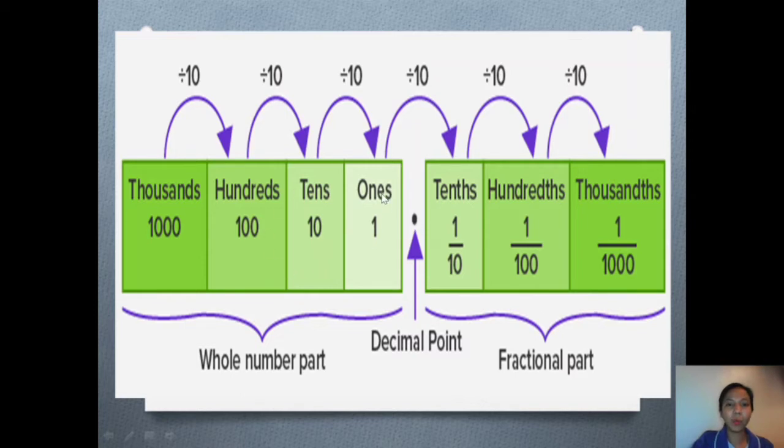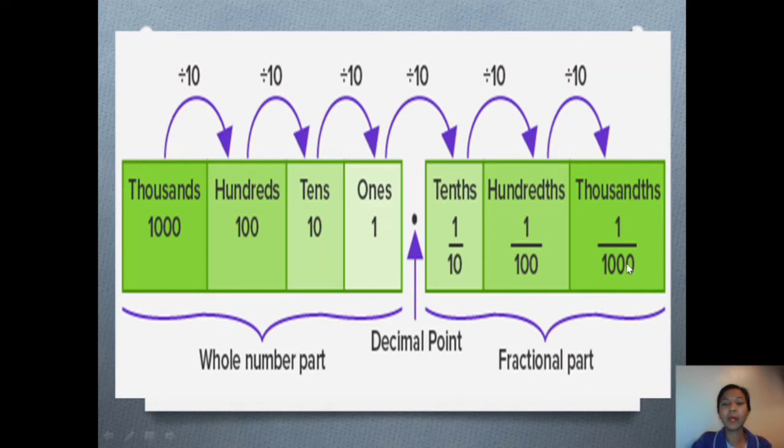So again, ones, tens, hundreds, and then we have thousands. Alright? 10,000, 100,000, and so on. Here, tenths, hundredths, thousandths. So in tenths, 1/10 from 10. Okay, hundredths, 100, so 1/100. This part again is the fractional part, a fraction, not a whole number.